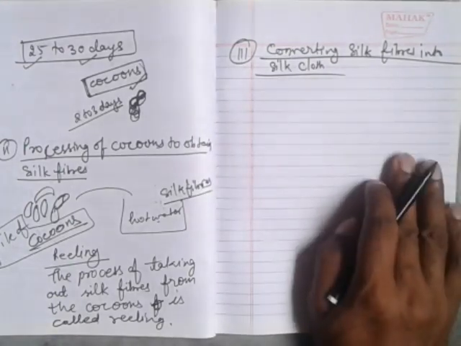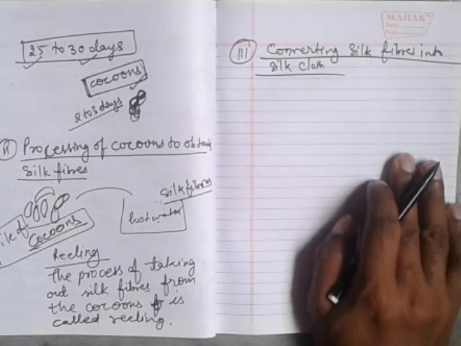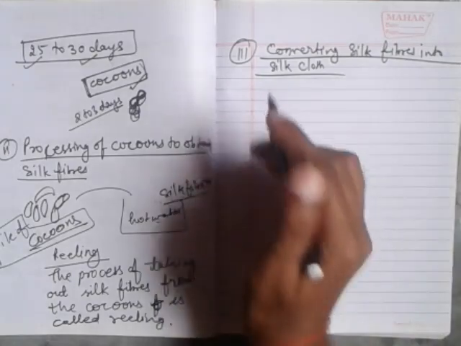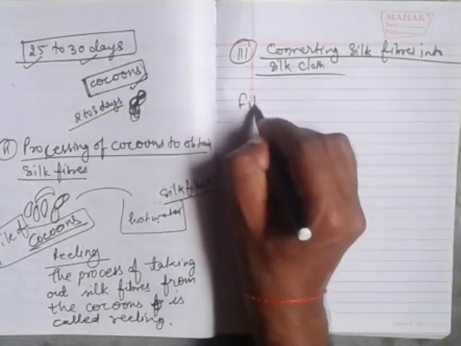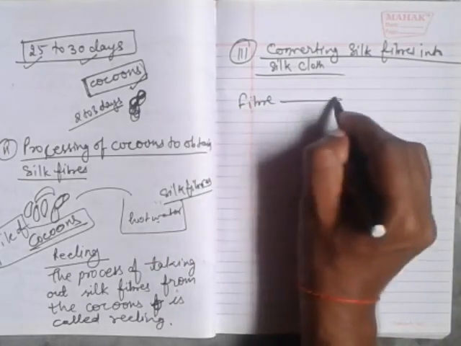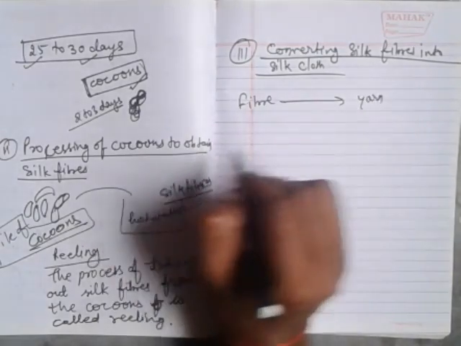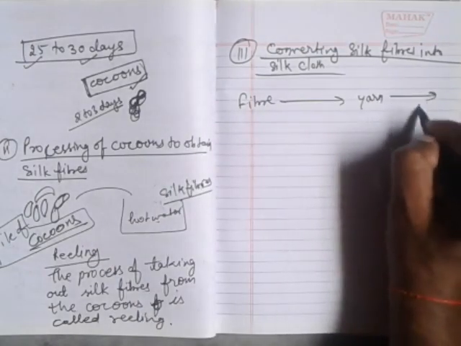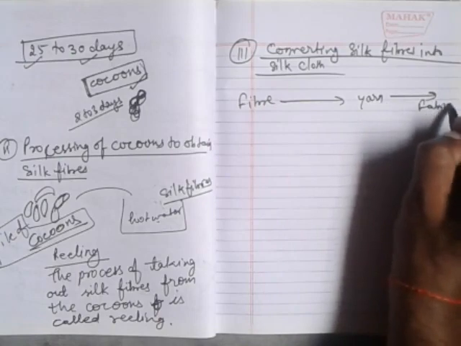Cloth means fabric. Silk fibers which are obtained from the cocoons are twisted to form silk yarn, because already in the beginning of this chapter we first of all get fiber, then after it we get yarn, and finally we get fabric.